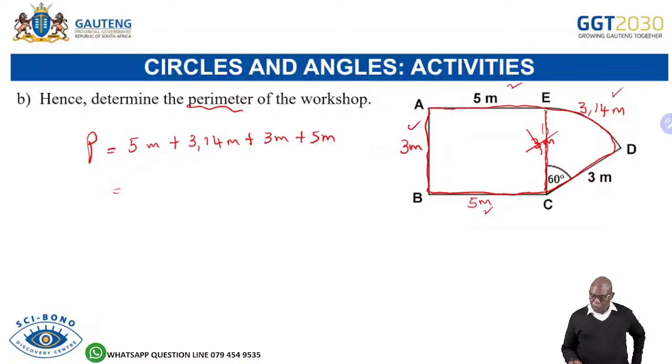So I'm going to add all those. So I've added 5 meters, so it's 10, that's 16, and that's 19, so it's going to be 19.14 meters, not square meters.